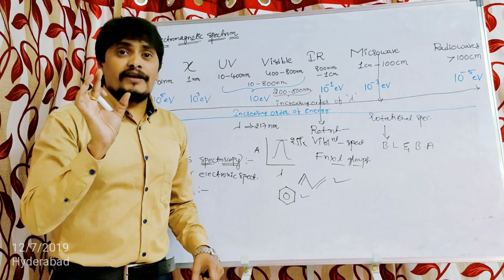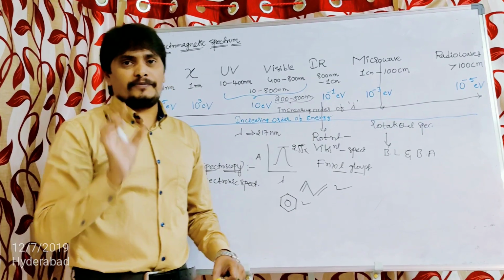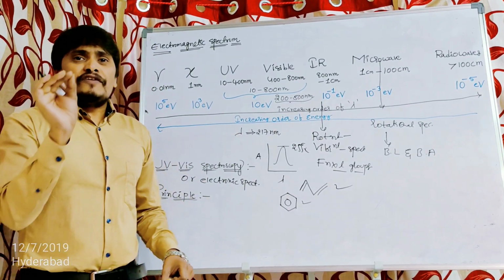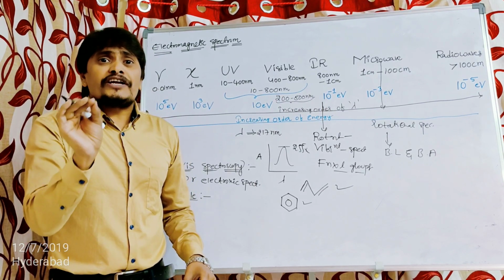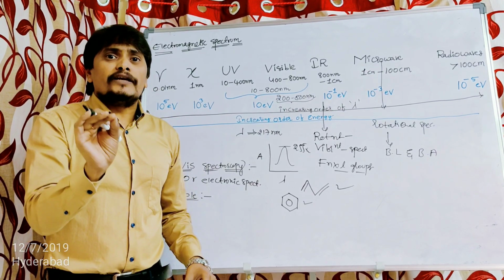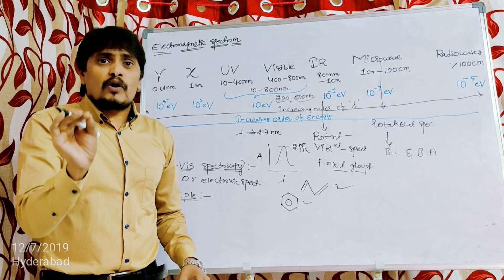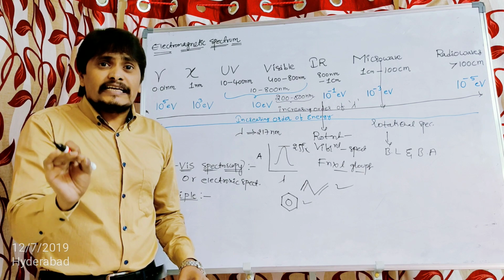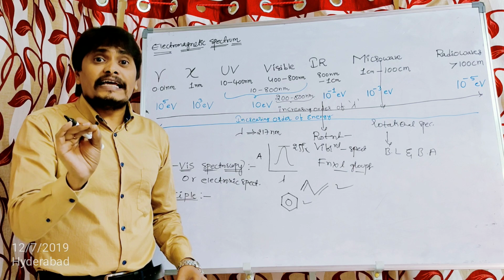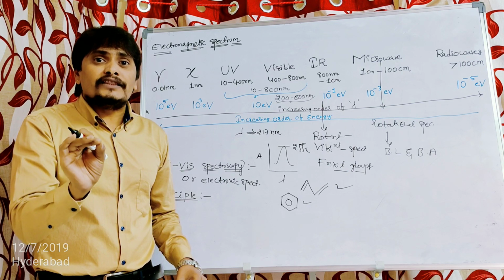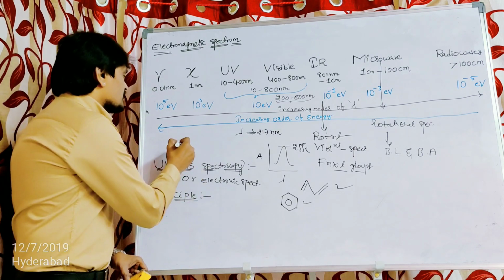Now coming to the definition. What is UV visible spectroscopy? UV visible spectroscopy is the study of electronic transition occurring in the molecule upon irradiation of the molecule with UV visible radiation.